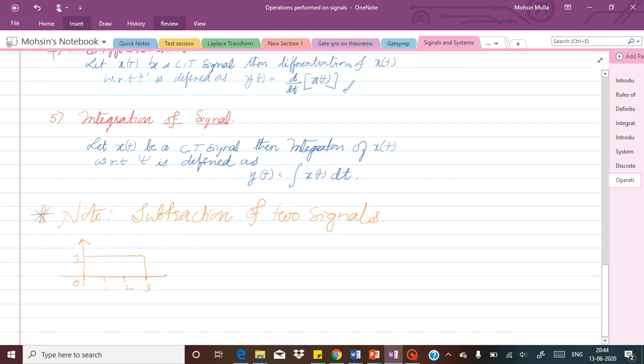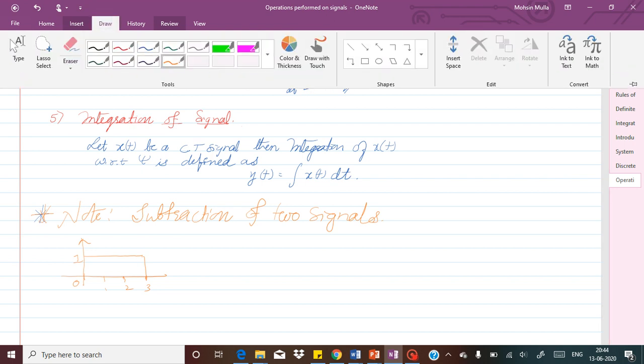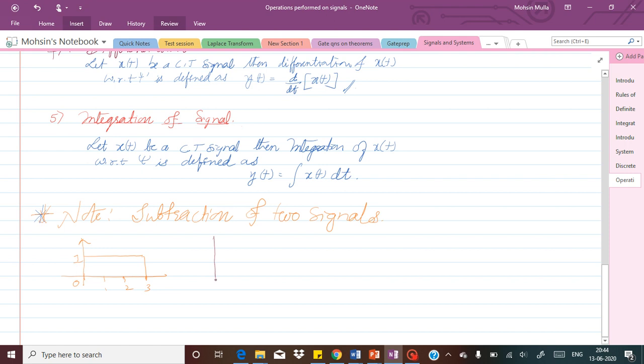And we have another signal that has magnitude only for the first instant, between 0 and 1. So let me take these as x1 of t and x2 of t. Here the magnitude equals 1.